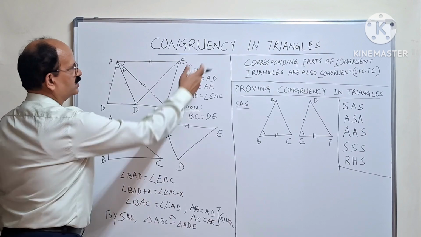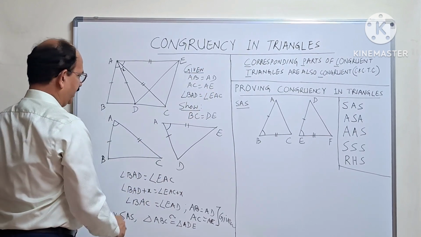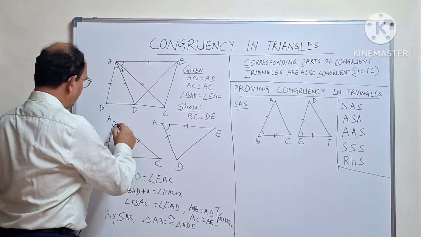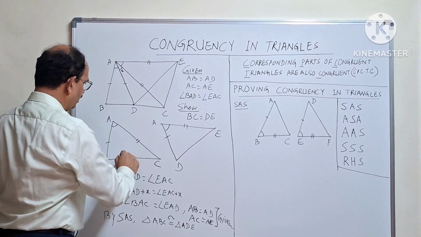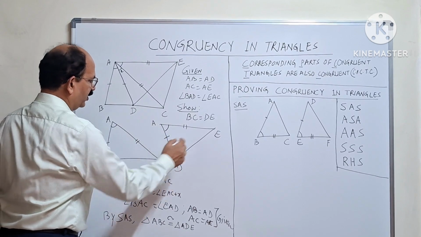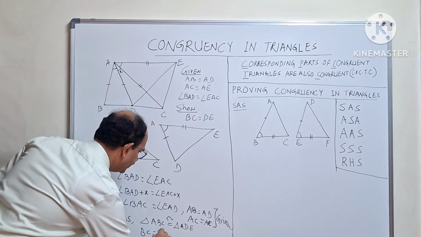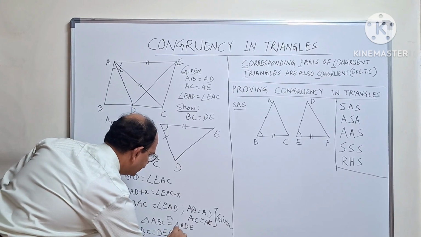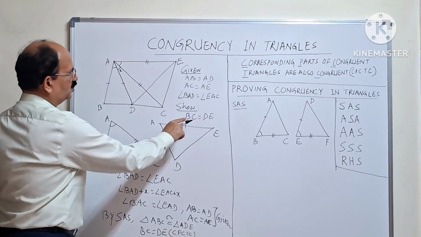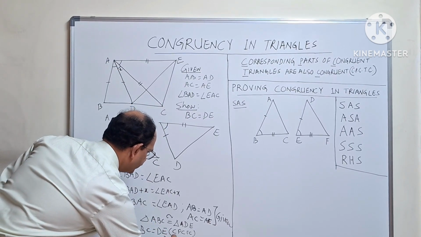Now we can use CPCTC: because this angle is equal to this angle, the corresponding sides will also be congruent, meaning BC will be equal to DE from CPCTC. And this is what we had to prove. BC is equal to DE, which is now proved.